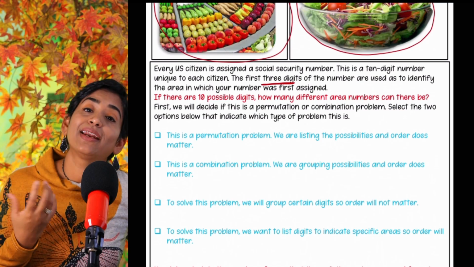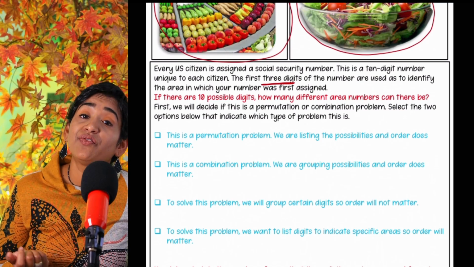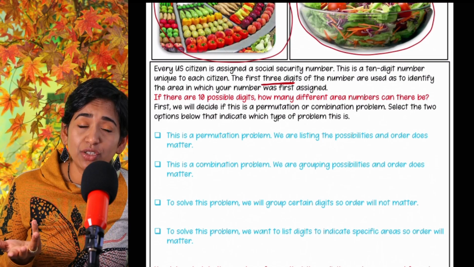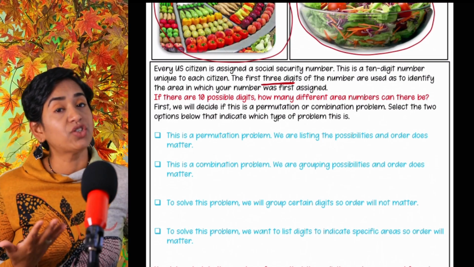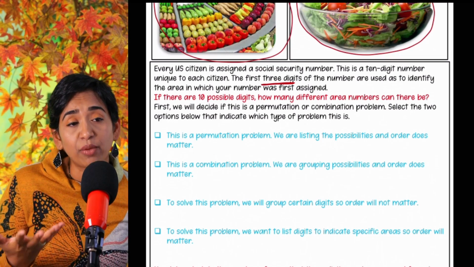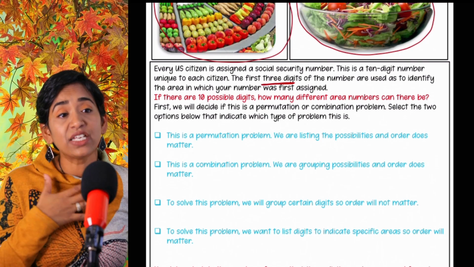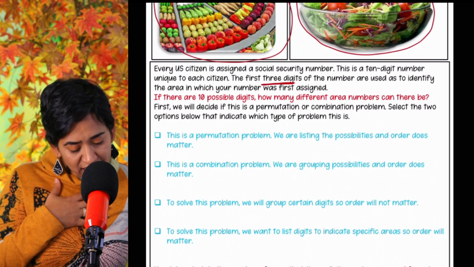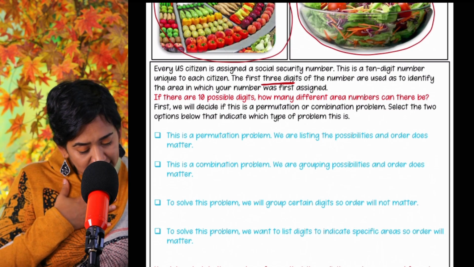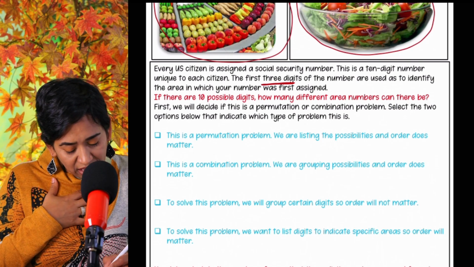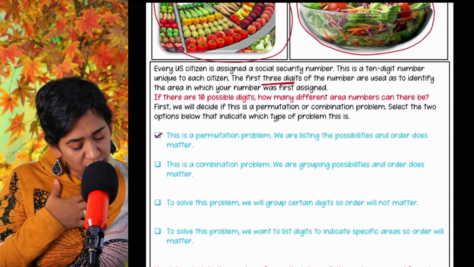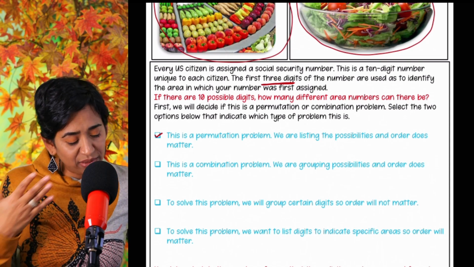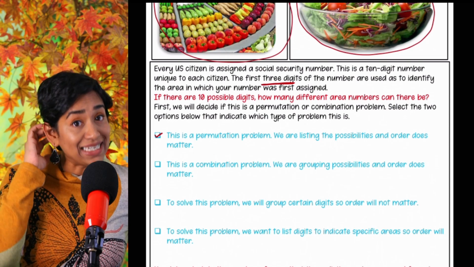But before I do that, I have to decide if this is a permutation or a combination. Right away, I know it's a permutation because it is a social security number. Your number is different from my number. We are listing all the possibilities, and order does matter.